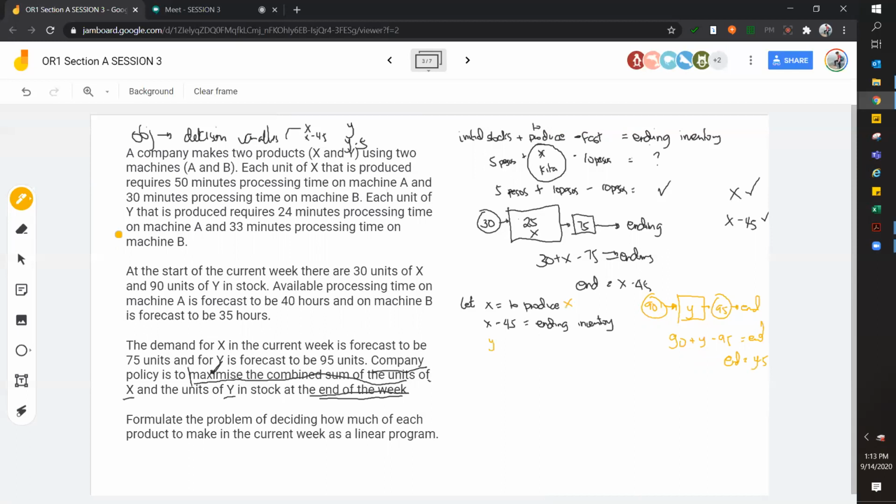Ito yung x, sorry, to produce, product y. Then y minus 5, ito yung ending inventory of product y.